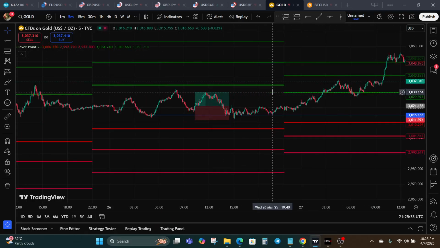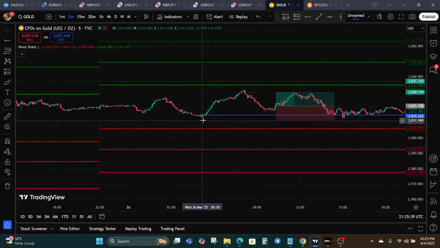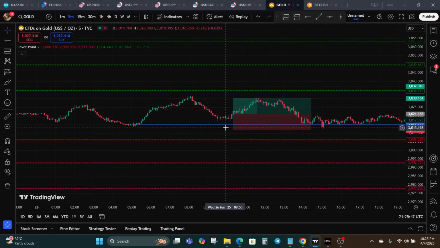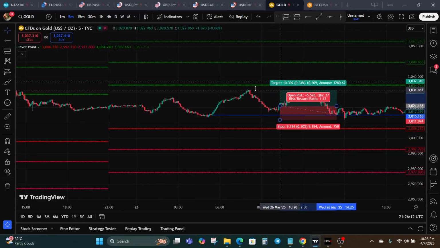Just like I pointed out, if you get a good opportunity after market opens, maybe you get a rejection around S1 or even S2, and perhaps you get a confirmation from a candlestick, and it happens that your stop loss level, which ideally should be below swing lows for a buy or above swing highs for a sell, and your take profit levels, which ideally should be around key resistance zones for a buy or around key support zones for a sell, you notice that it's not giving you a good risk to reward.